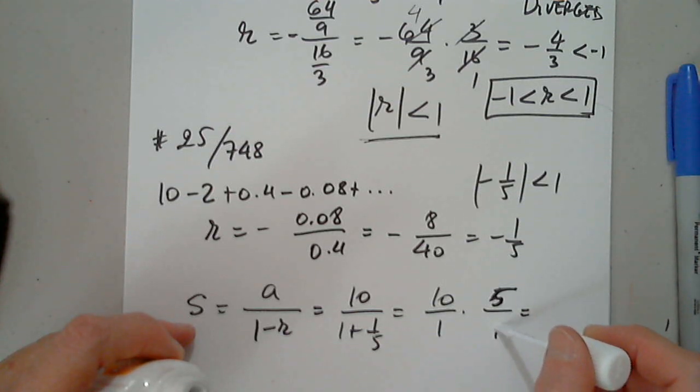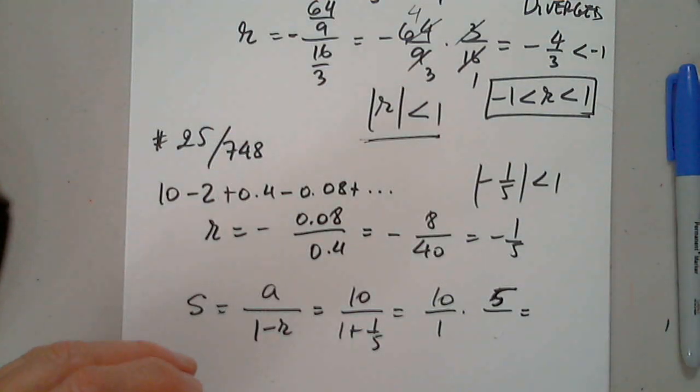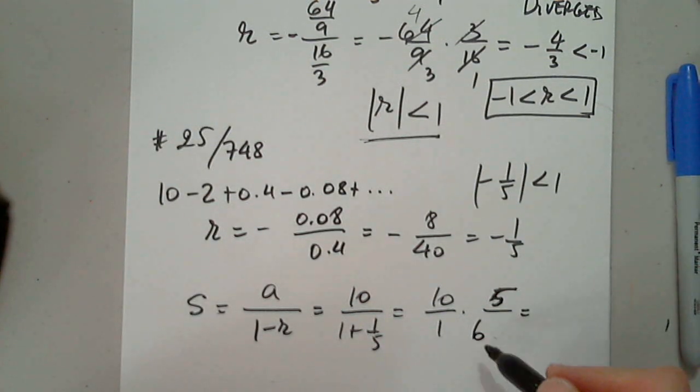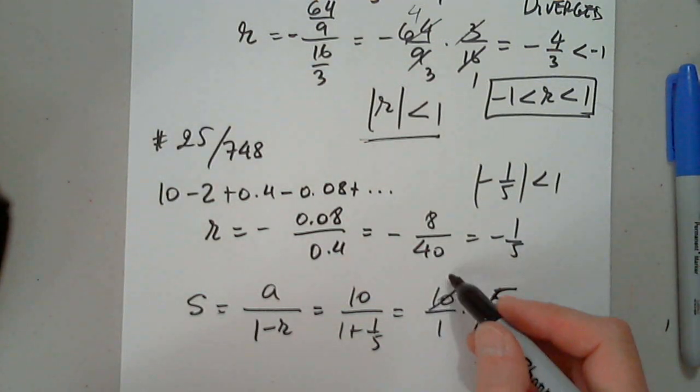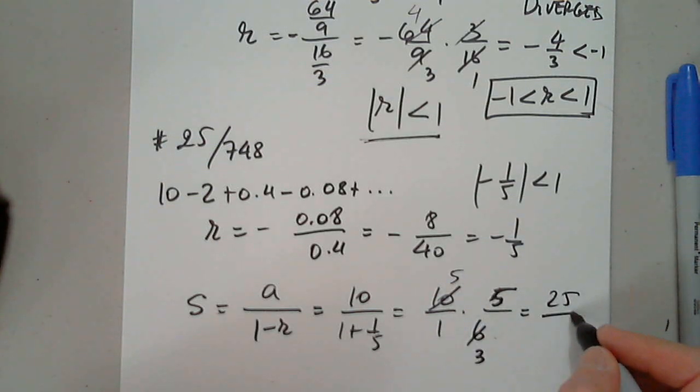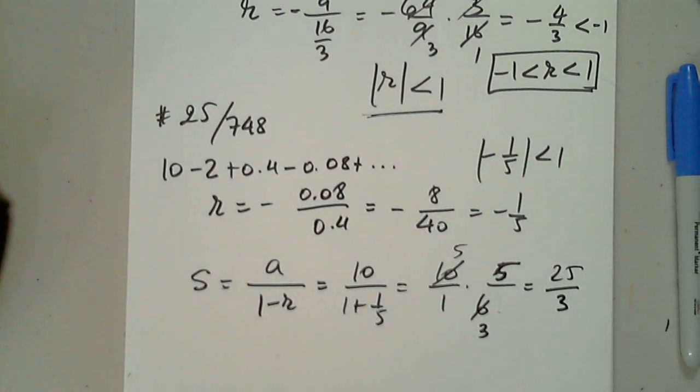We'll simplify by 2. So 25 over 3 is the sum of this convergent geometric series.